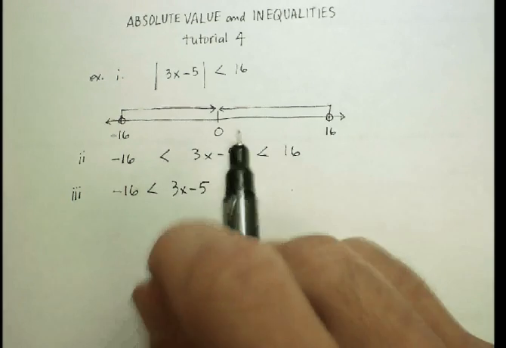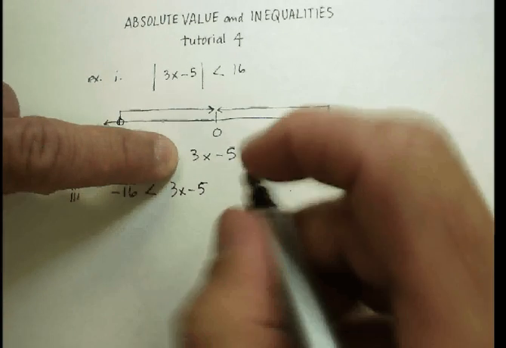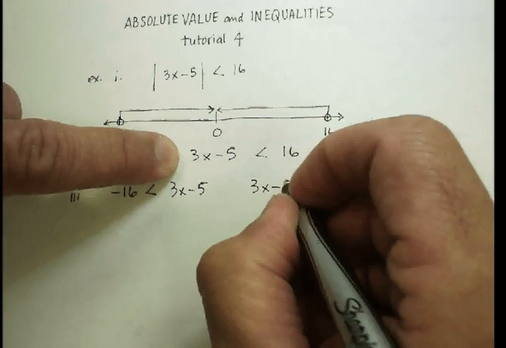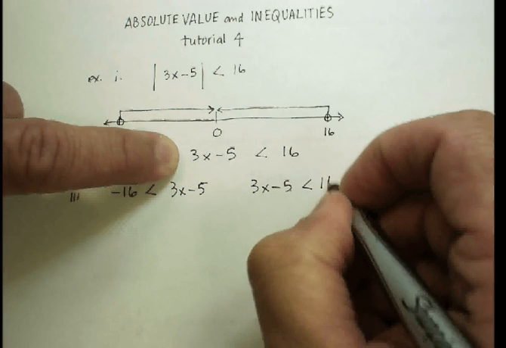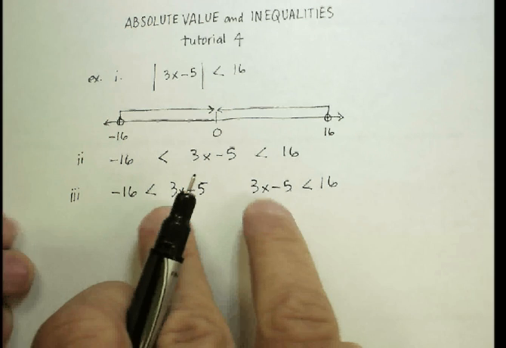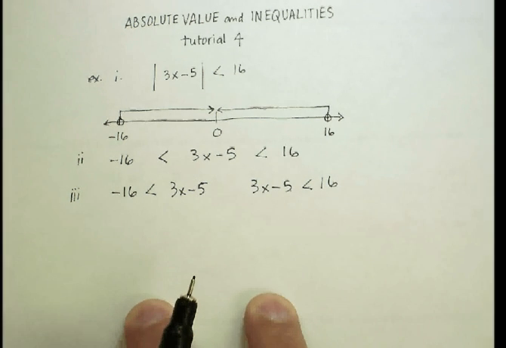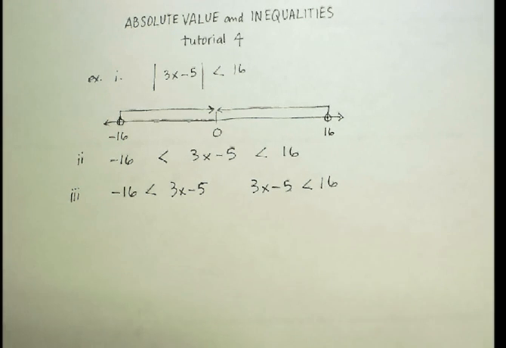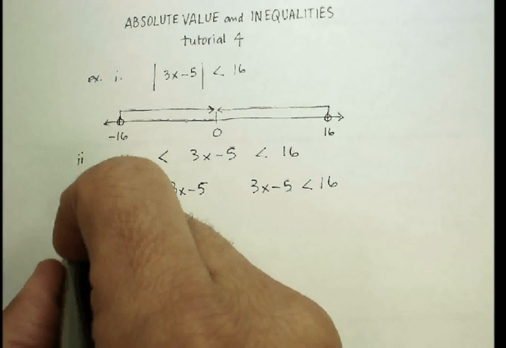I'm also saying that 3x minus 5 is less than positive 16. See how that works? And I'm going to solve both of these simultaneously and come up with 2 possible answers. And I'll show you how that works here in a second.